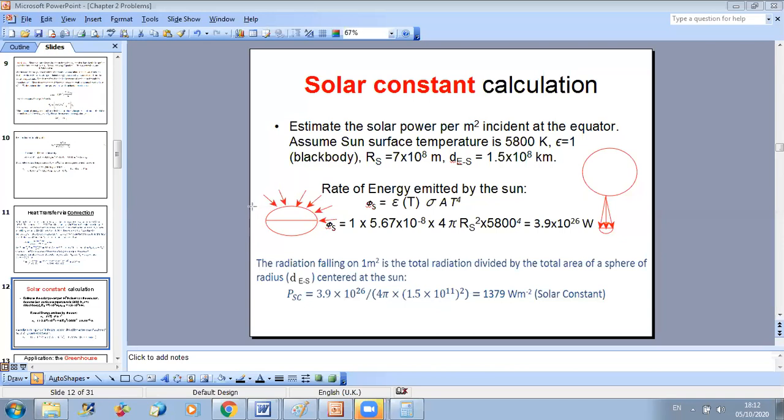Look at the symmetry along the x direction. Your rays are along different directions, along x and y. But if you do the summation along x, the components will cancel each other, because for each one you have an opposing one. So along x, this component will cancel this one.